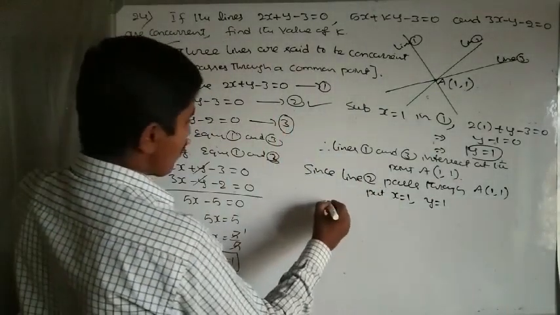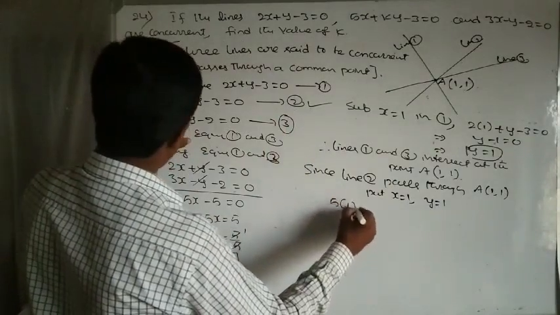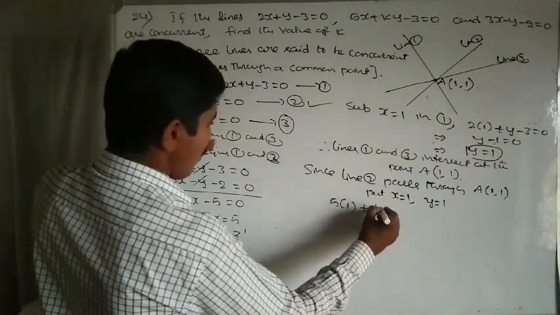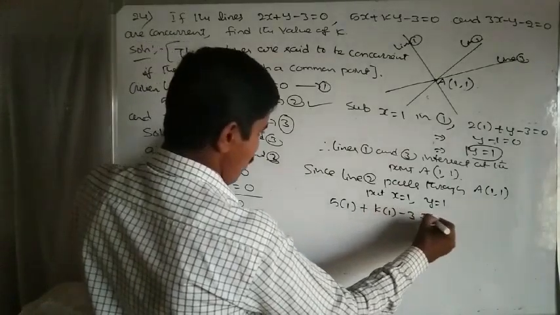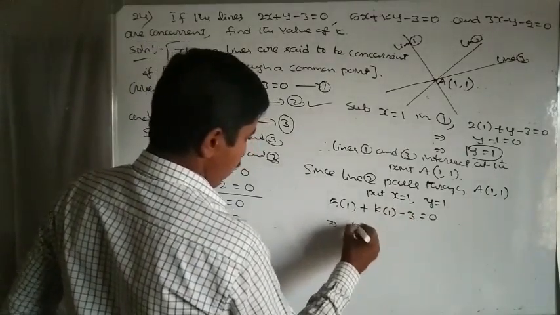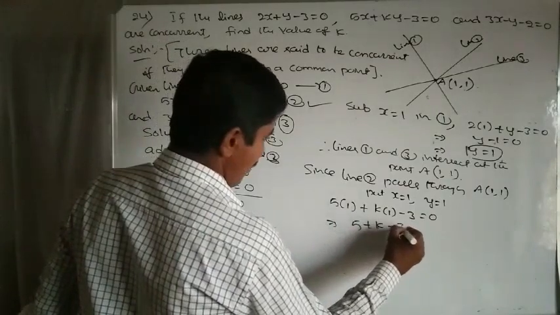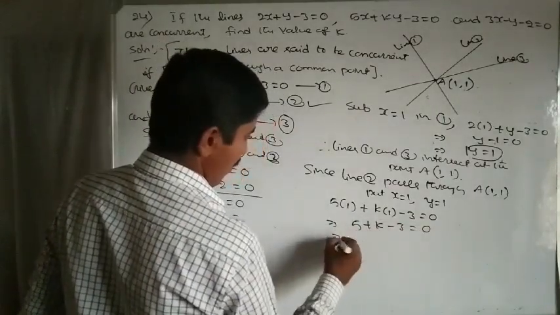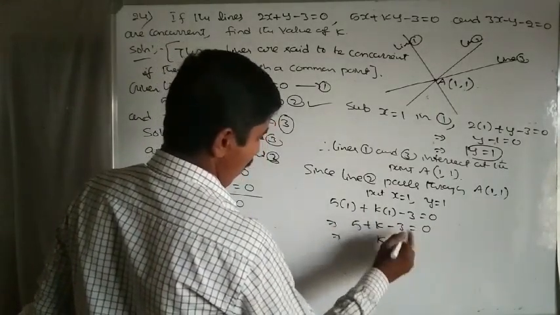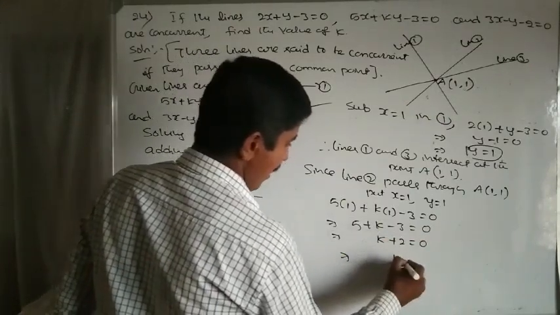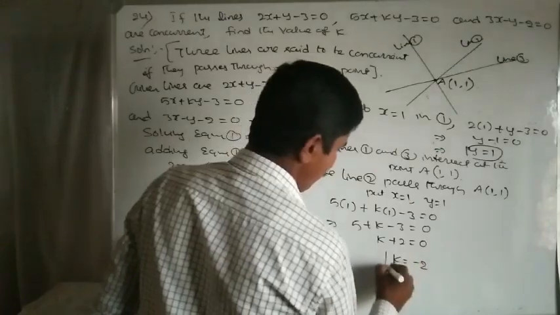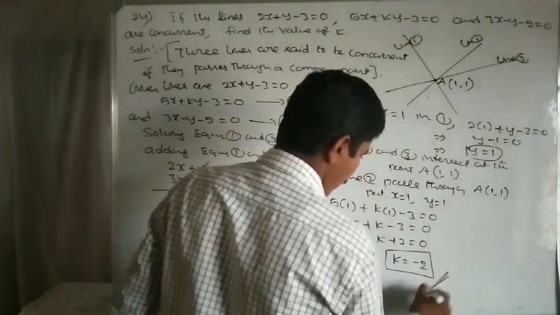Equation 2 becomes 5 into 1 plus k into 1 minus 3 is equal to 0. 5 plus k minus 3 is equal to 0. k plus 2 is equal to 0. Then k is equal to minus 2.